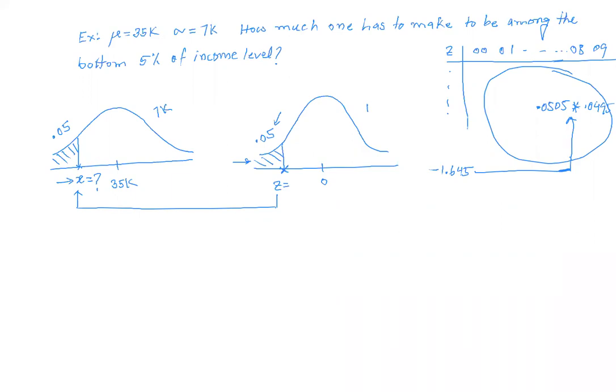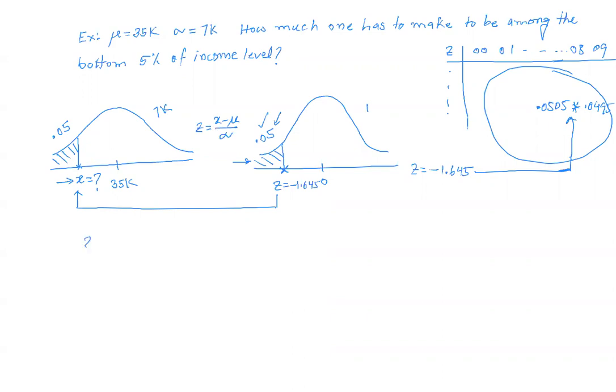So that means your Z is negative 1.645 for an area of 0.05. So now we know we can go back and forth between the standard normal distribution and any normal distribution using the Z-score.